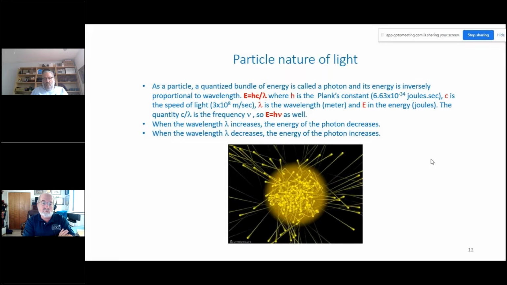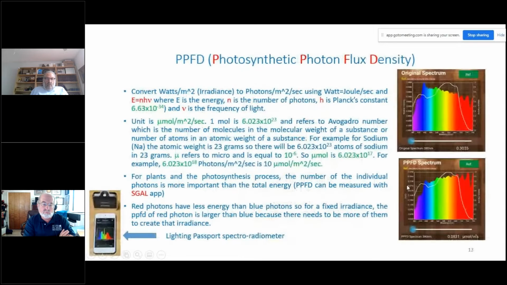It also has particle property, as was shown by many scientists at the beginning of the 20th century. And this is the Planck's formula. I'm sure many of you are familiar with it. E equal to h nu, or hc over lambda. So it shows that as the wavelength increases, the energy of the photon decreases, and as the wavelength decreases, the energy increases. So the light is emitted in the form of photons.